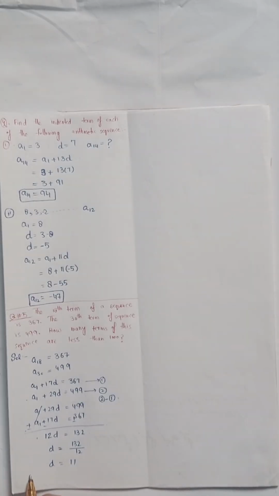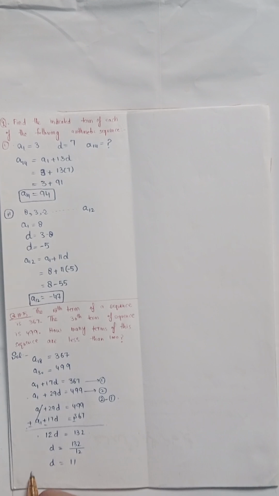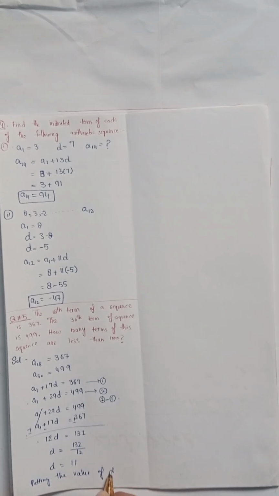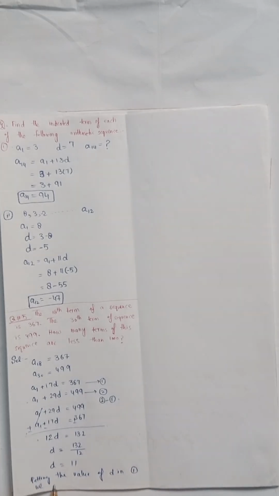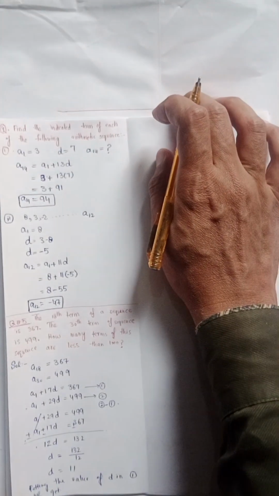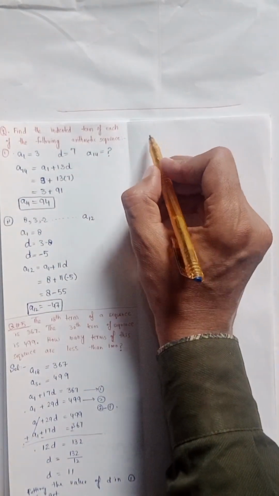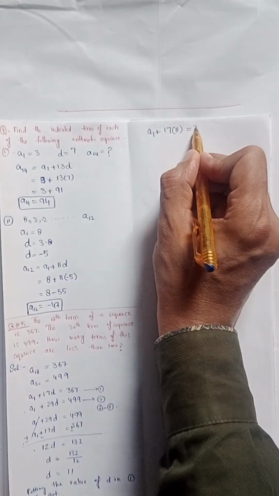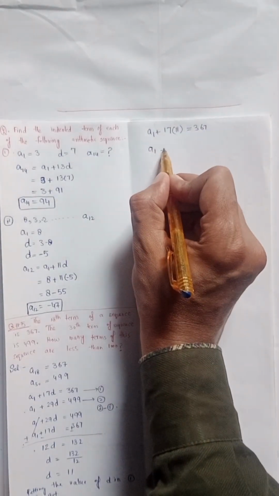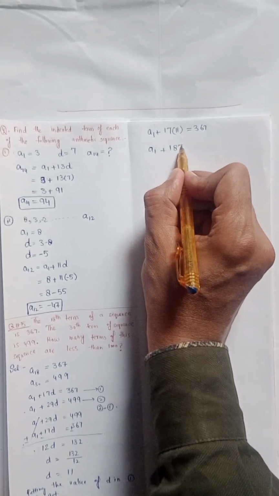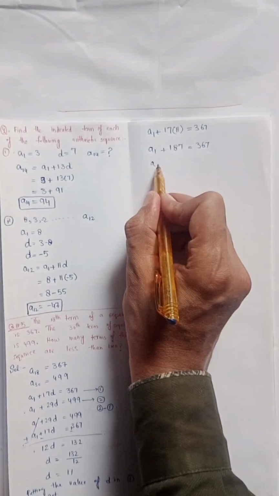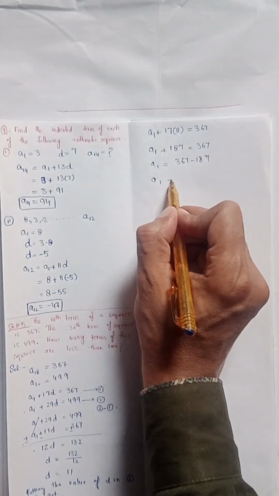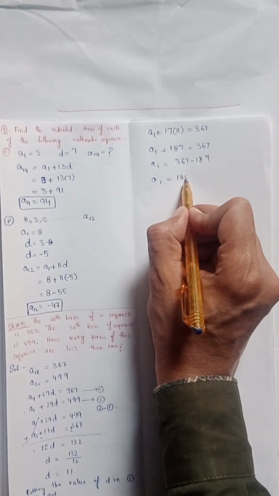By putting this value of d in equation 1, we get a1 plus 17 into 11 equals 367. a1 plus 187 equals 367. a1 equals 367 minus 187, a1 equals 180.